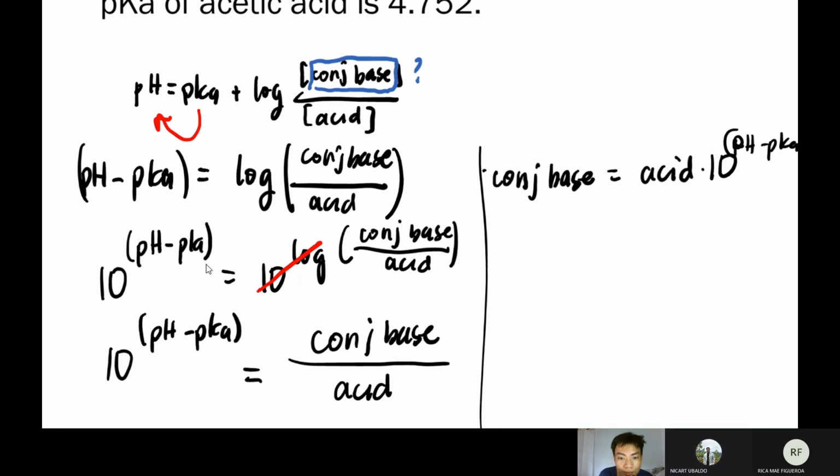Sir? Yes po. Ano nga po ulit, sir, yung idea? Bakit po kapag ginawa pong base yung 10, tapos naging exponent yung log, bakit po na-cancel po yung 10 raised to log? Kasi ang log and yung anti-log, no, they are inverse functions.